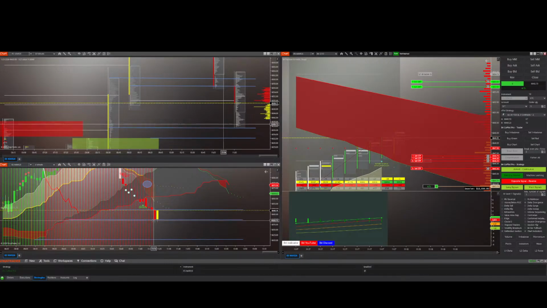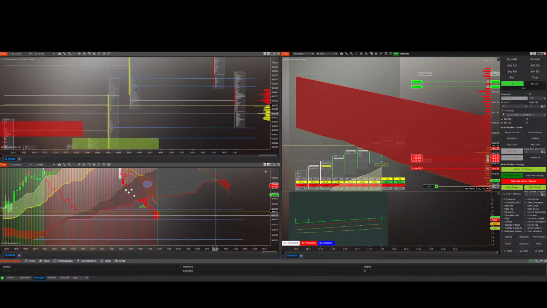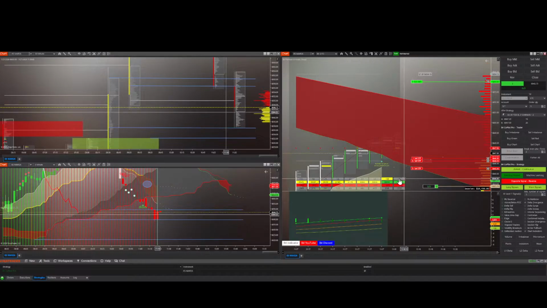Yep, it did find that as support. Now we're at possible resistance here. Stop filled.